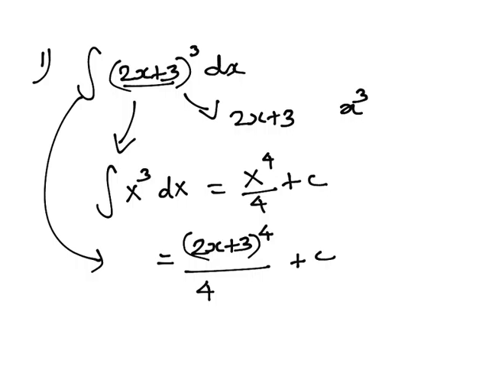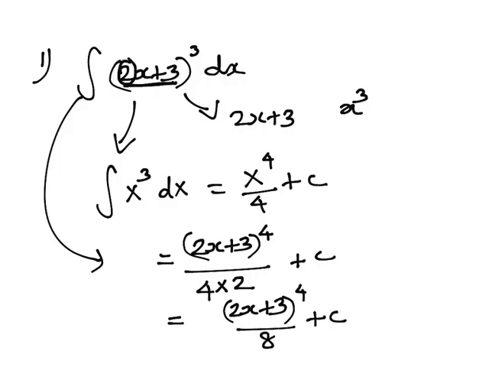But again, this is 2x plus 3, not just x. So look at the coefficient of x, which is actually 2. So here in the denominator, you have to write 2. So the answer is 2x plus 3 raised to 4 by 8 plus c.